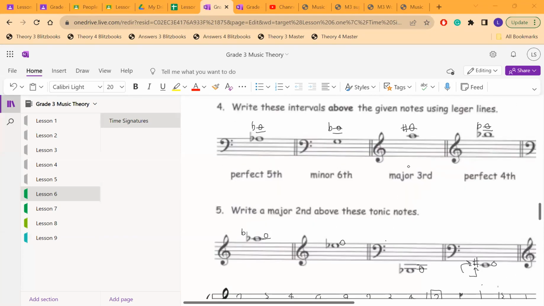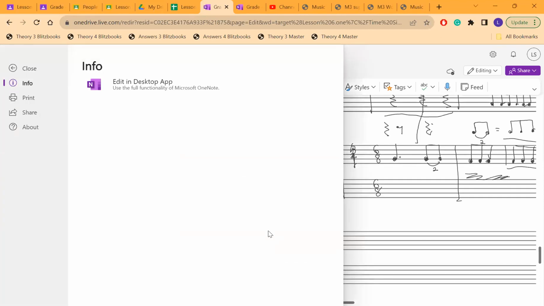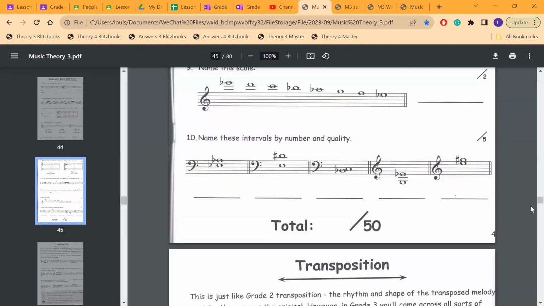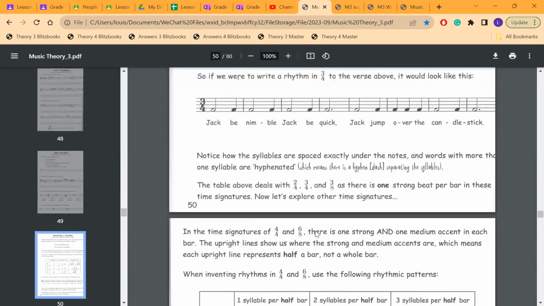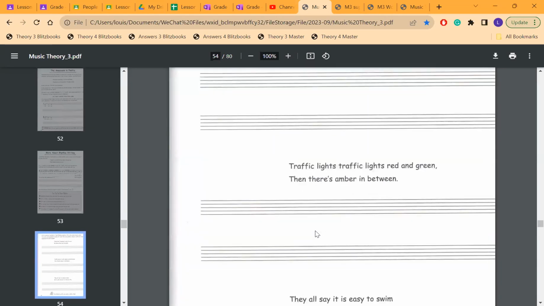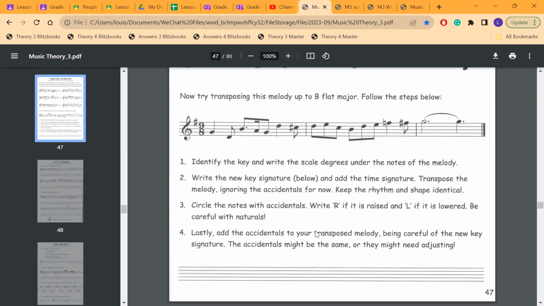Right. And where is the vocabulary? Like what page is it?